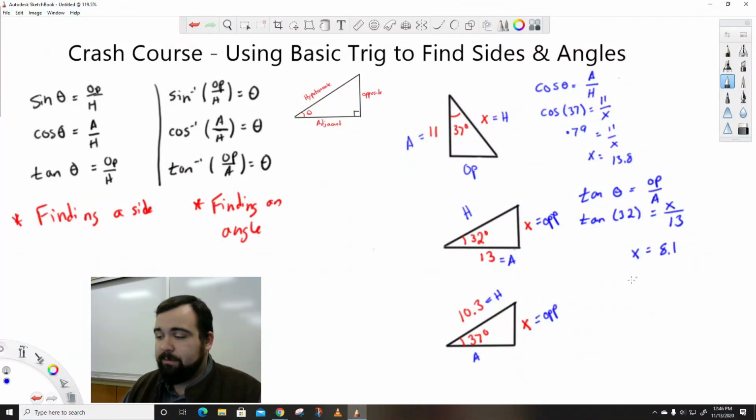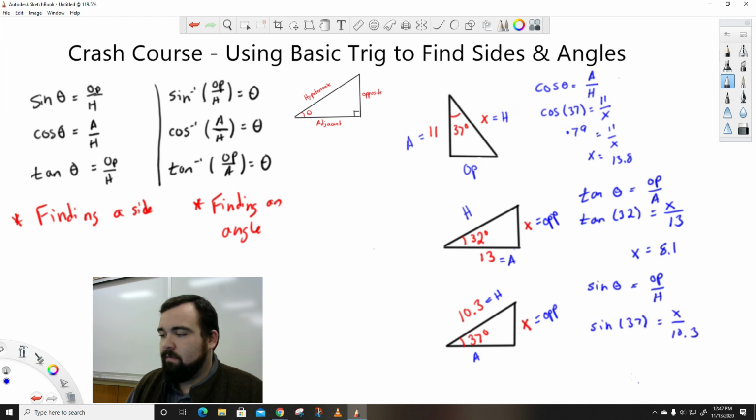So there you get an 8.1. And for the bottom one, we are looking for the opposite side, and we have the hypotenuse. So that's going to be sine. Alright, so that answer comes out at 6.2.